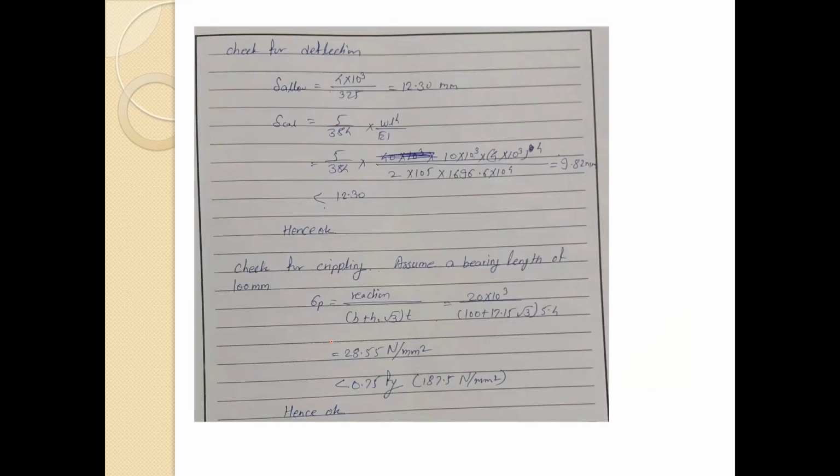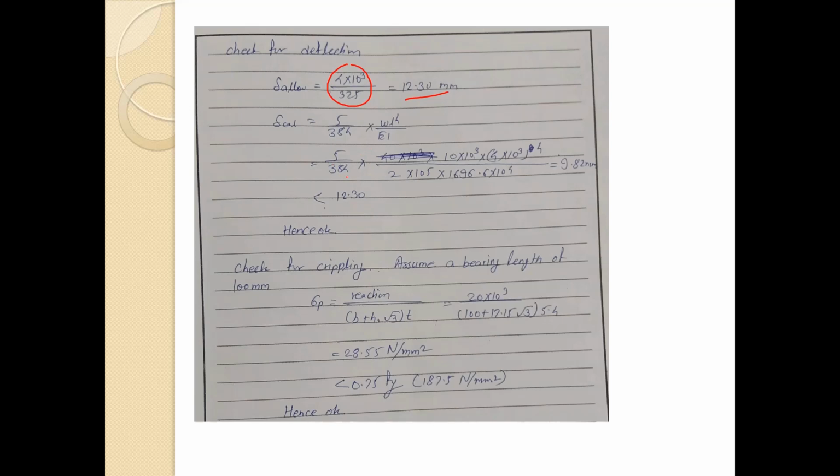Now to check for the deflection. The allowable deflection is span divided by 325, so that becomes 12.30. We have the UDL over here, so we are using this formula 5 divided by 384 into WL raised to 4 divided by EI.